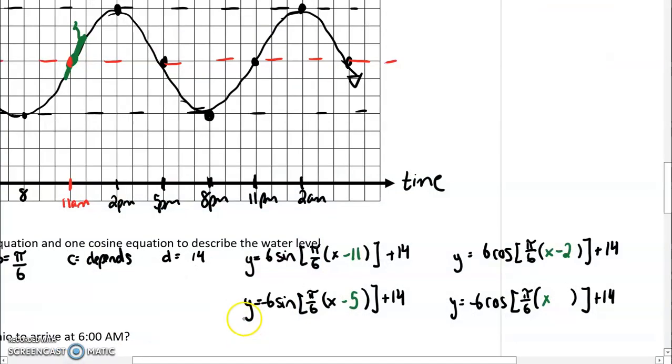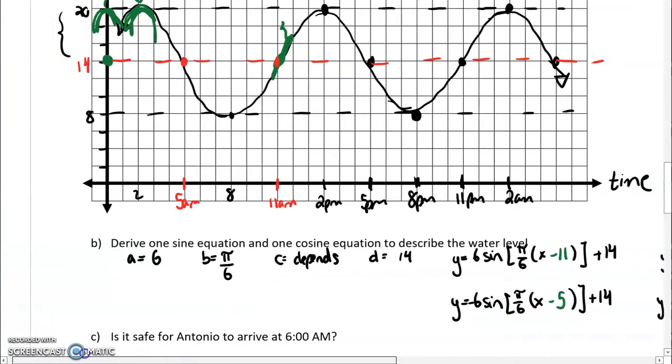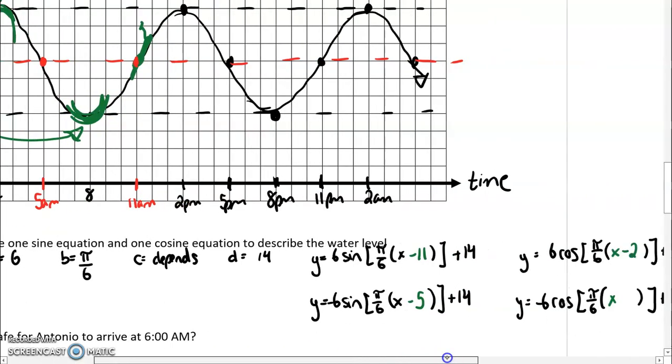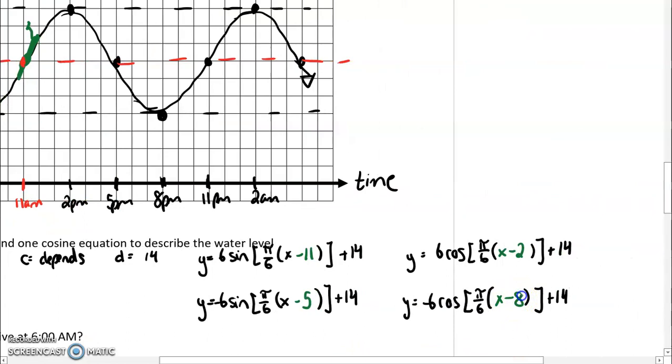Negative cosine. Okay. Let's take a look. That would be at the bottom and heads up. And I see that happening right here. So that's a jump of 8 to the right. So -8. And there is our 4 equations. It only asks us for 2, but I ended up doing all 4.